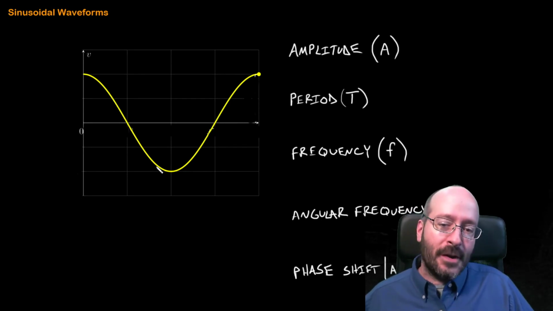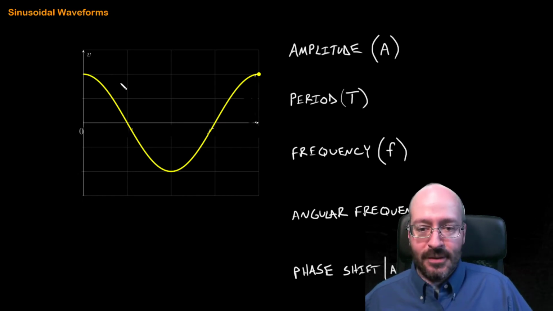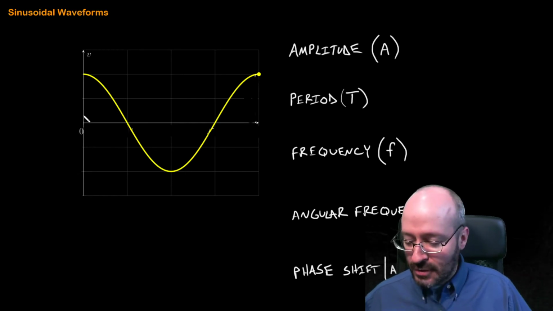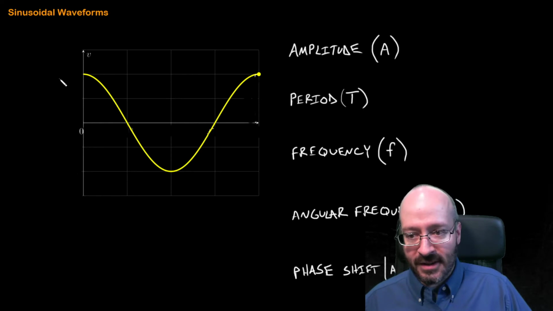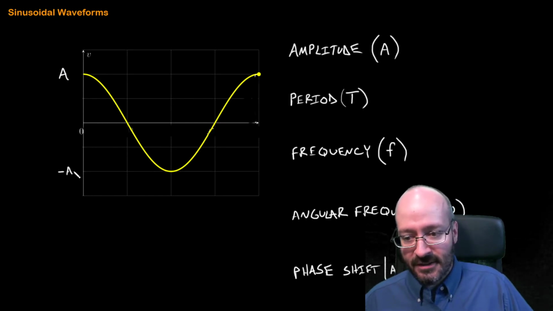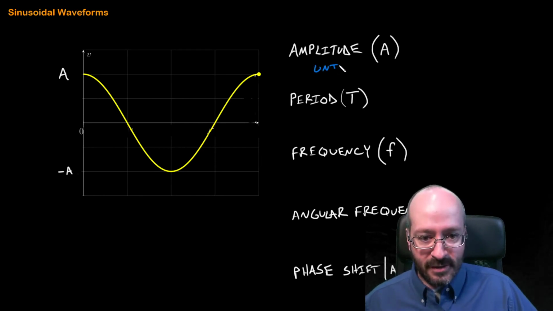Okay, so here's one period of a cosine. Now this waveform has an amplitude, and that amplitude we mark as the letter A. Its positive peak up here is at positive A, and its negative peak down here is at negative A. It's going to take whatever unit of the function you're trying to represent.